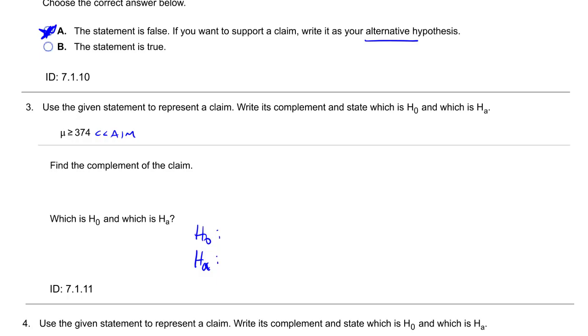If it's not greater than or equal to, it's less than. Now we decide where it goes. The null has to have the equals in it. So mu greater than or equal to 374, which is our claim, and the alternative is mu less than 374.